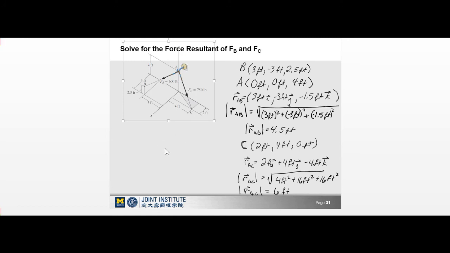So now what we want to do is add the x and y and z components of the force vectors FB and FC so that we have the resultant.